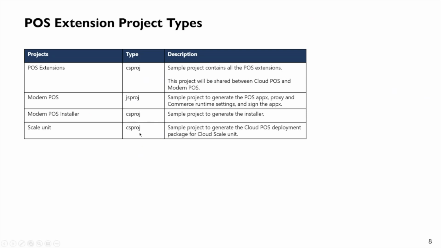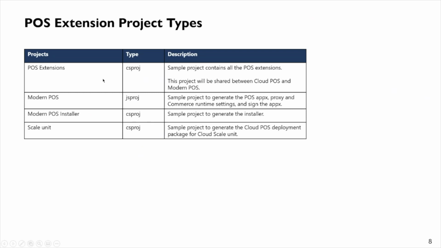The first thing is, it doesn't matter whether you are doing it for CPOS or MPOS, Cloud POS or the Modern POS, you want to start with your extension project. This extension project is going to contain only your extension. If you're an ISV and want to create your extension app, you will create a POS extension project.